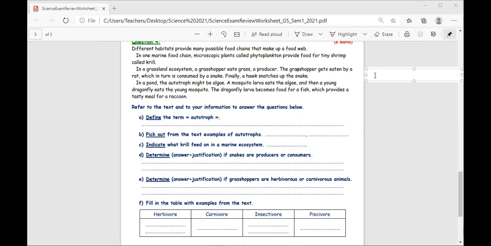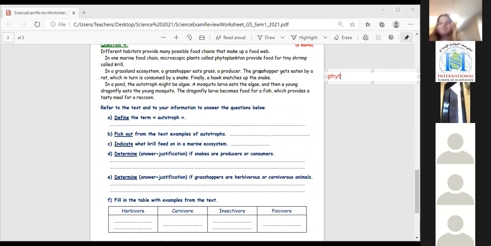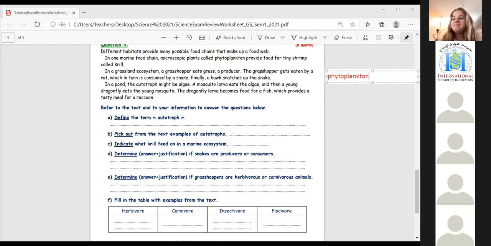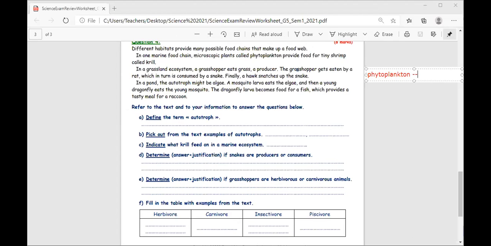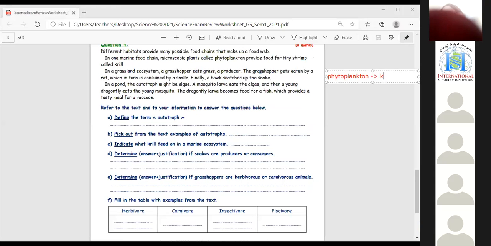In water, very tiny plants called phytoplankton are eaten by a kind of shrimp called krill. So phytoplankton are plants eaten by the krill. Okay?